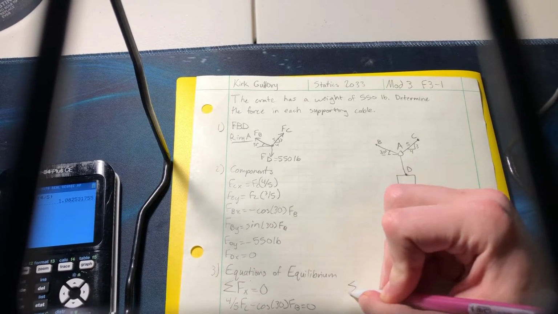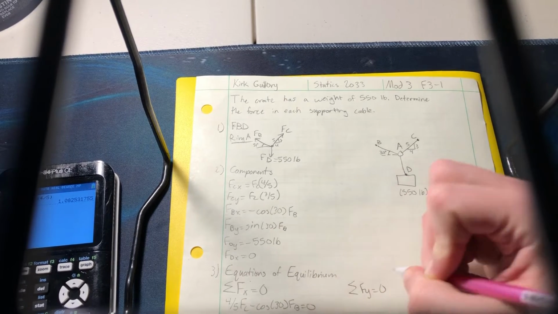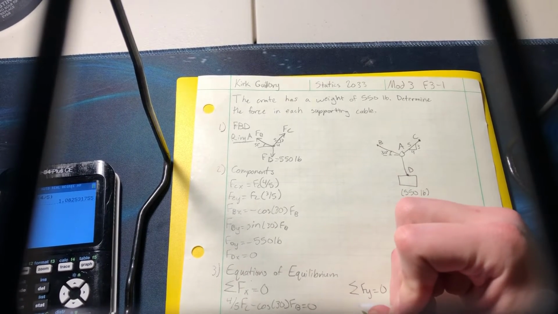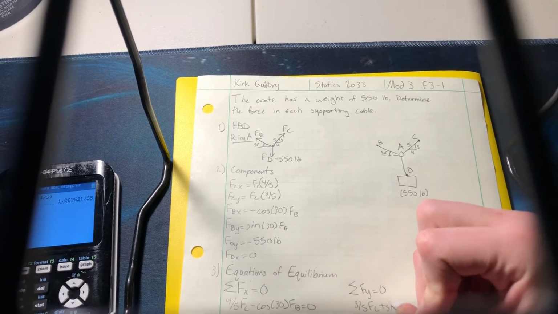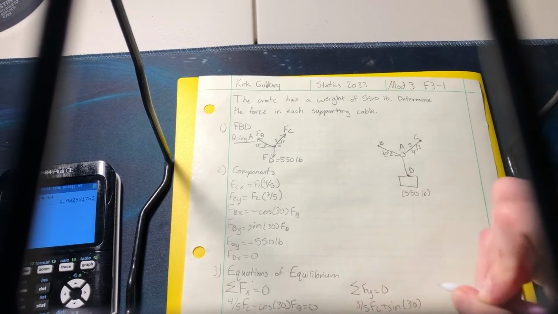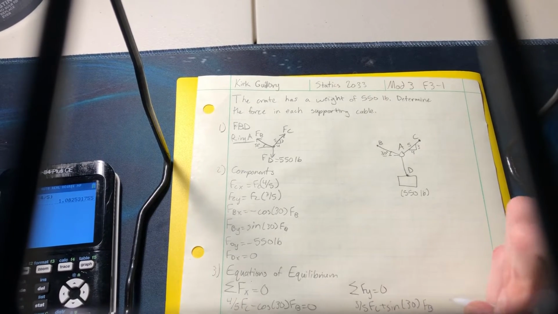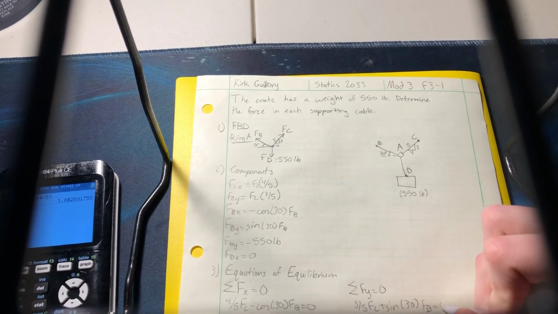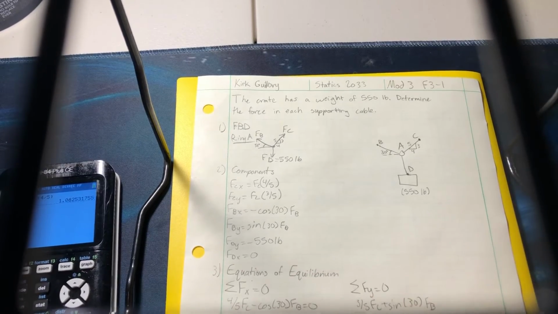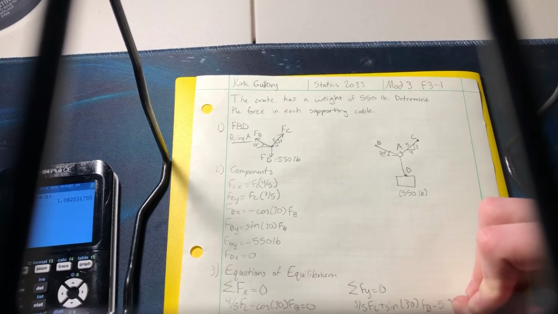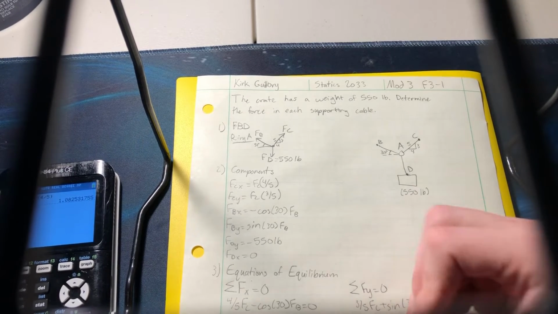Once we do that, we do summation of forces in the y direction. So that'll be 3/5 FC plus sine of 30 FB minus 550 equals 0.